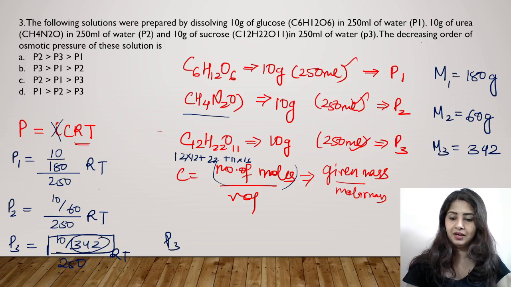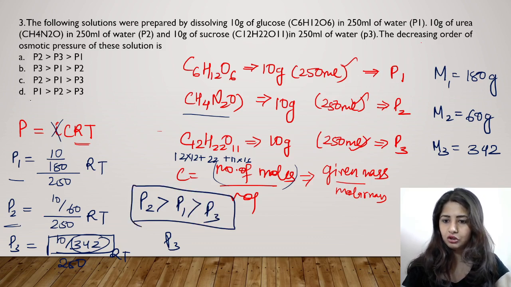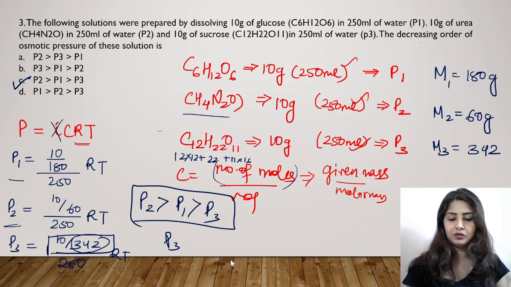After P3 you have P1 and then you have P2. So P2 will have the highest pressure, and after that you will have P1 and then comes P3. So this is the answer. It matches with option number C. So option C is our answer. I hope you understood this. Let's move ahead to the next question.